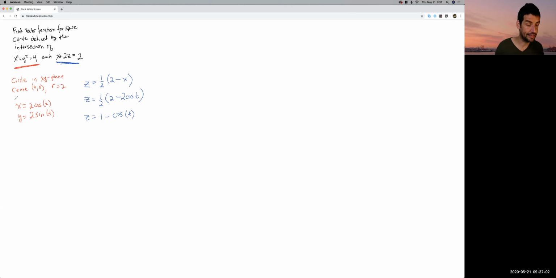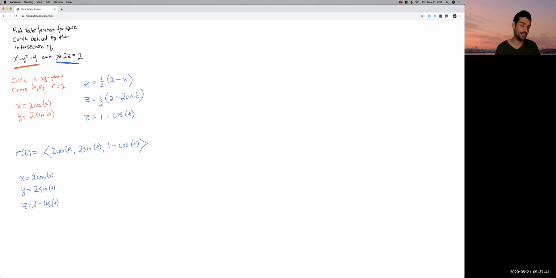Okay, so let's review. Well, let me write it all out and then we'll review. This gives me the vector function 2 cosine of t, 2 sine of t, and 1 minus cosine of t, right? Or the associated space curve with parametric equations x equals 2 cosine of t, y equals 2 sine of t, and z equals 1 minus cosine of t.